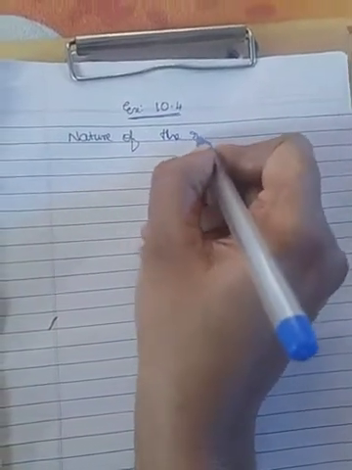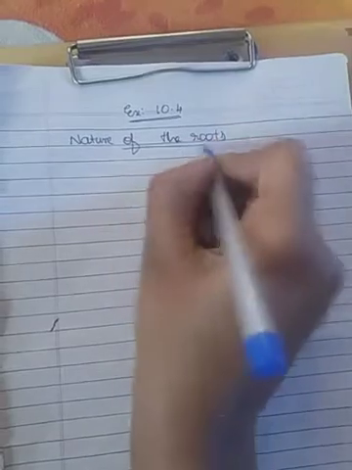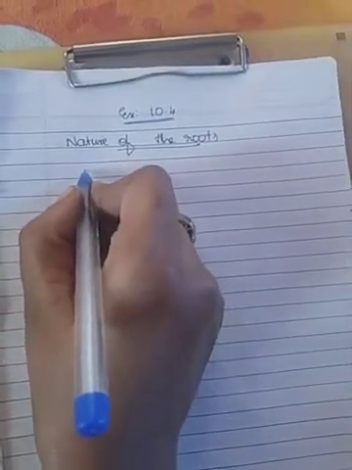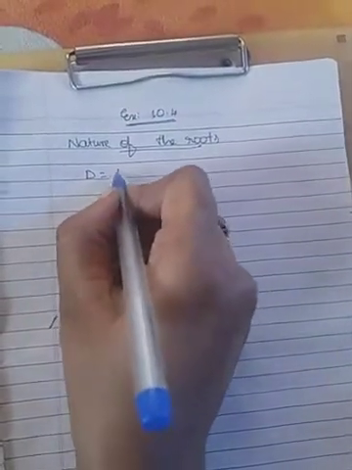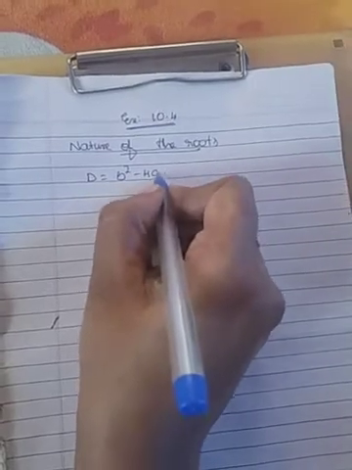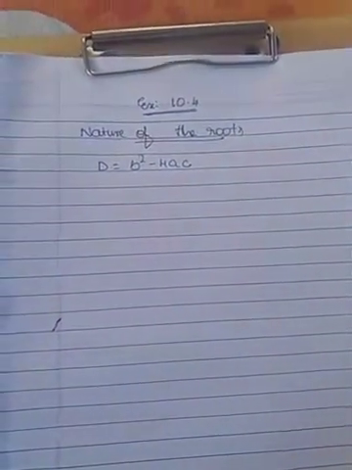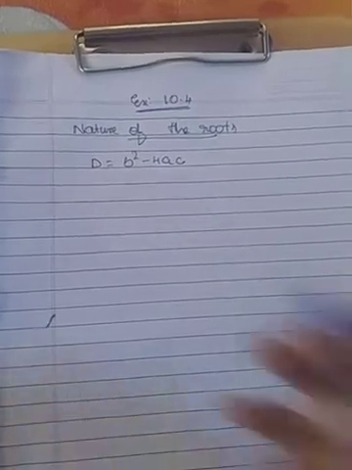What is the formula to find out the nature of the roots? That is, D equals b square minus 4ac. We know b, a and c are the coefficients of the terms. And what is D here? D means discriminant.